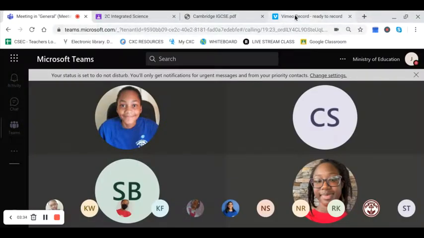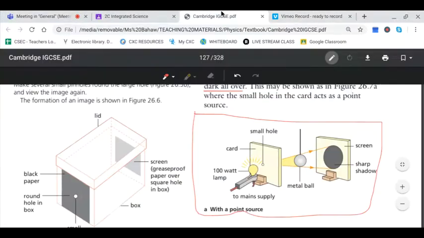Opaque means light cannot pass through. So if light cannot pass through, you're going to have the light spreading around the edges of the object, and that is going to form that large formation here, which is known as a shadow.